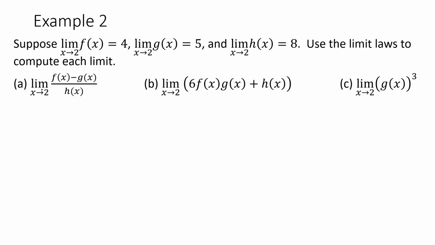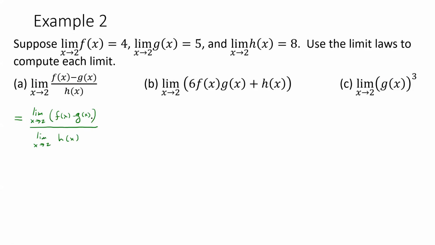So for this one, we know we have the quotient law that says if I have a quotient of two things, I can take the limit as x approaches 2 of the numerator, and then divide by the limit as x approaches 2 of the denominator.